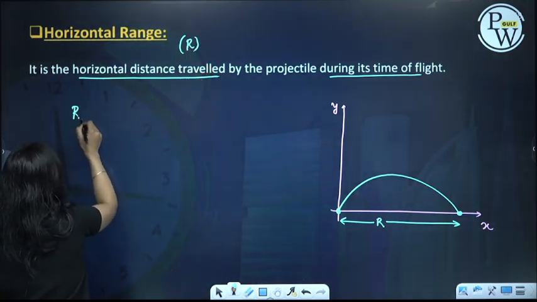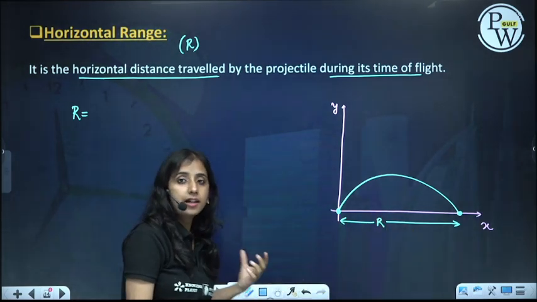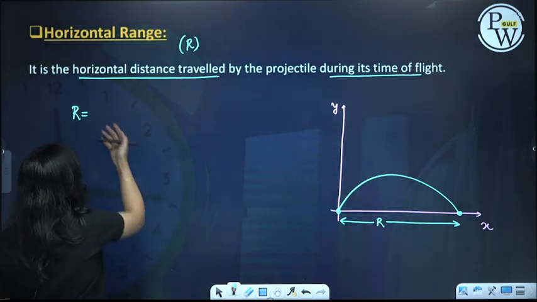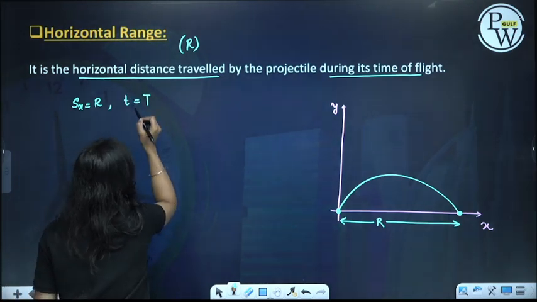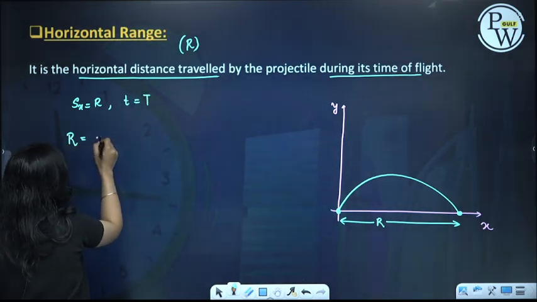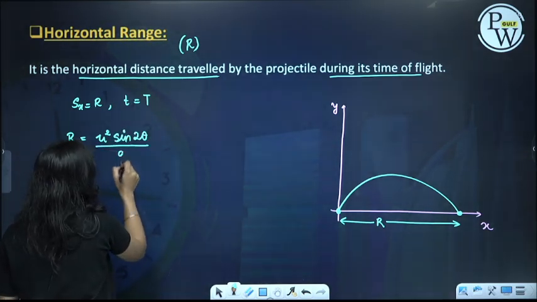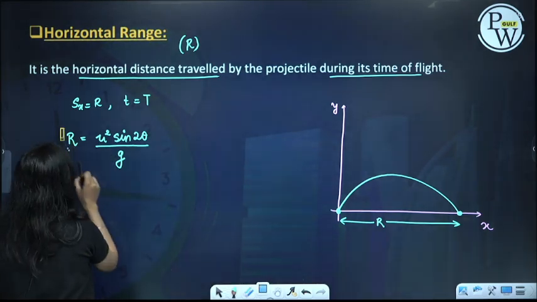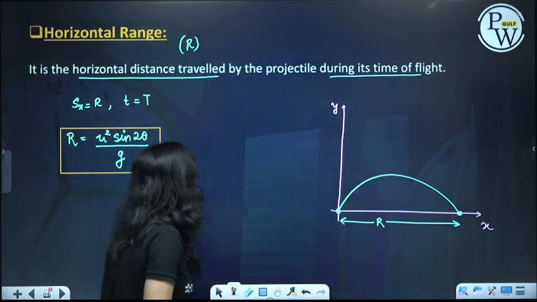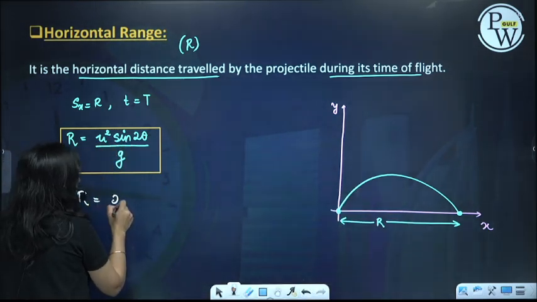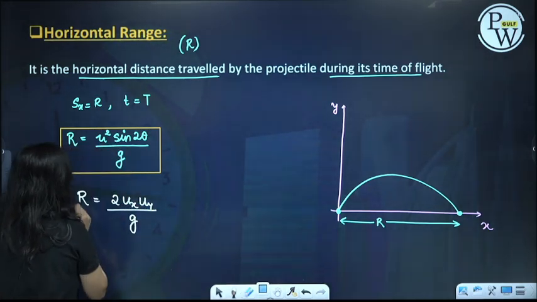So from the formula, use Sx is equal to ux t. In time capital T, Sx is equal to R. So from this we get that R is equal to u square sine 2 theta by g, and we can also write it as R is equal to 2 ux uy by g.